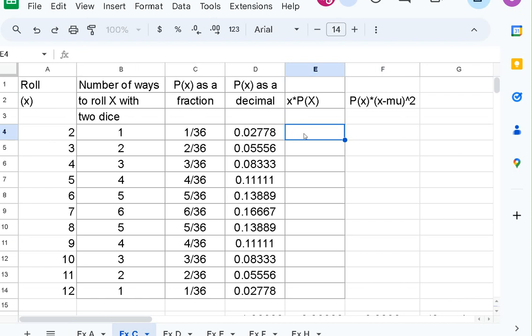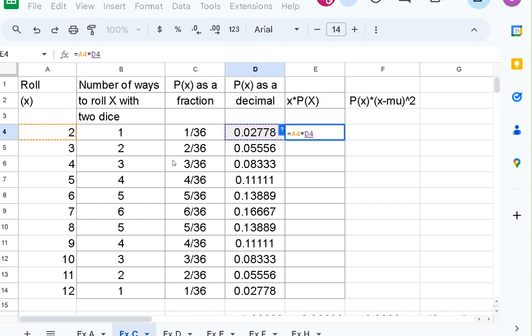If I'm going to do any calculation, James, how do my Google Sheets commands always start out? Equal sign. Perfect. Equals, and I want x, which is in column A, so I'll click that, times, and then column D, because that's where the associated probability is.